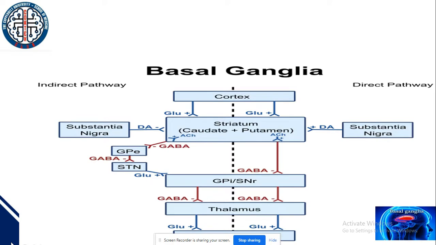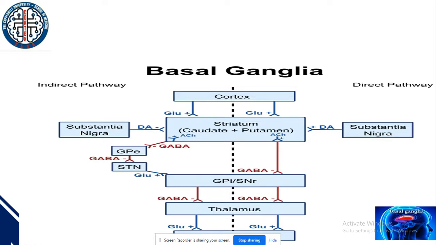Once that happens, the caudate will produce more GABA. Once more GABA is produced, it is going to act on the globus pallidus externus. So this time around, we are not looking at the globus pallidus internus, but externus.